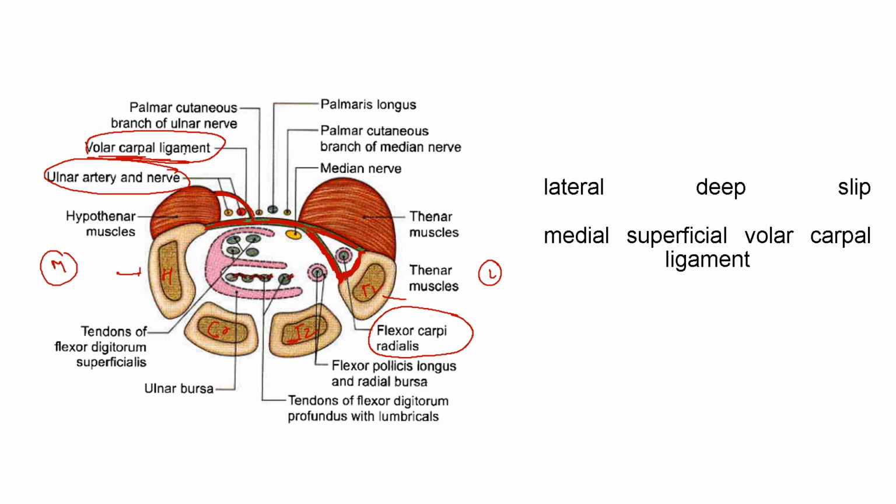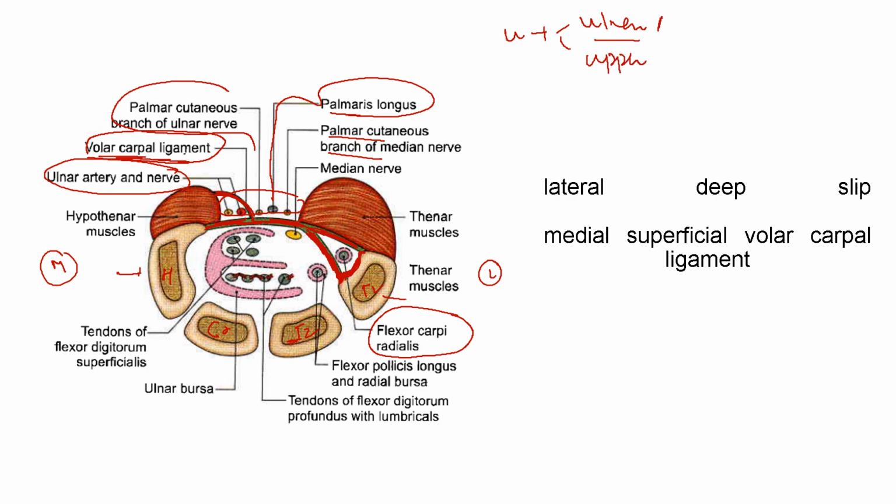Now you can see various structures lying superficial to this flexor retinaculum. This is the palmar cutaneous branch of the median nerve, then the palmaris longus tendon, then the palmar cutaneous branch of the ulnar nerve. Then you can see the volar carpal ligament over here, and the ulnar artery and ulnar nerve. U for ulnar and U for upper.